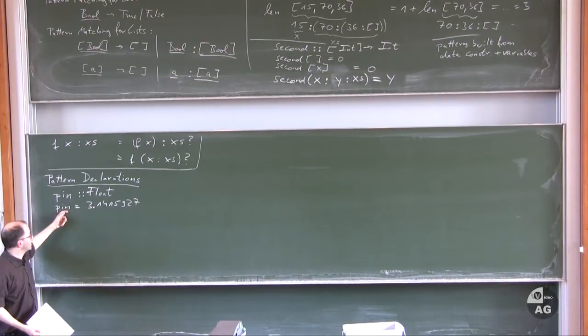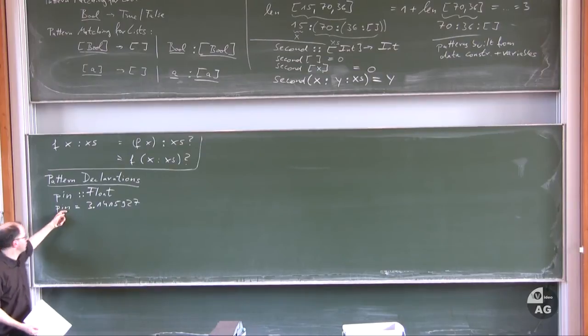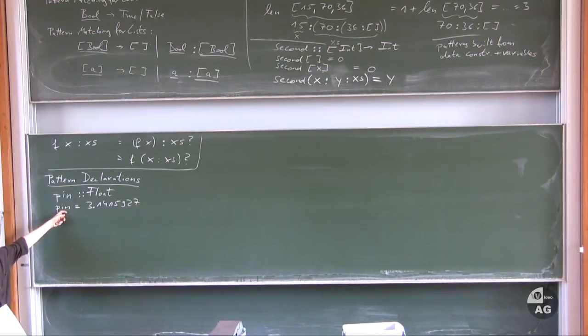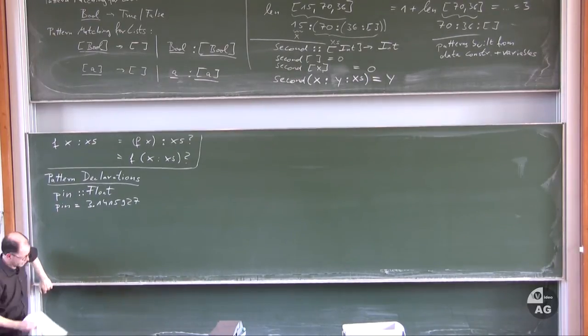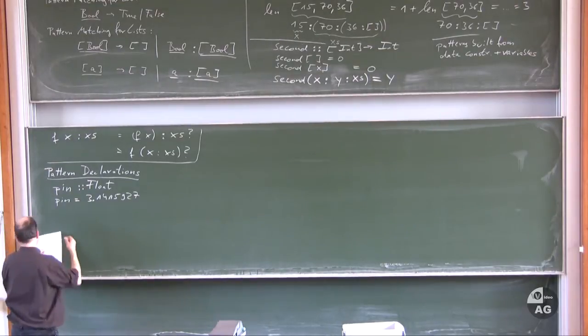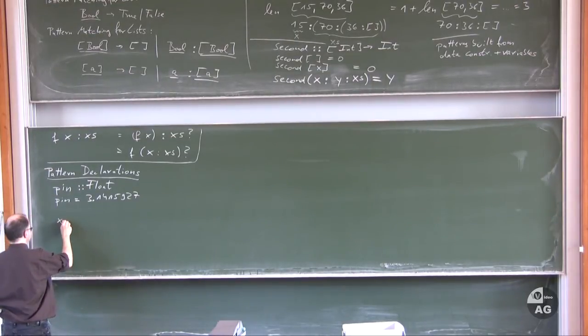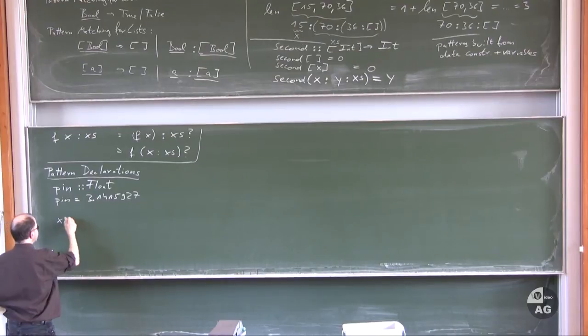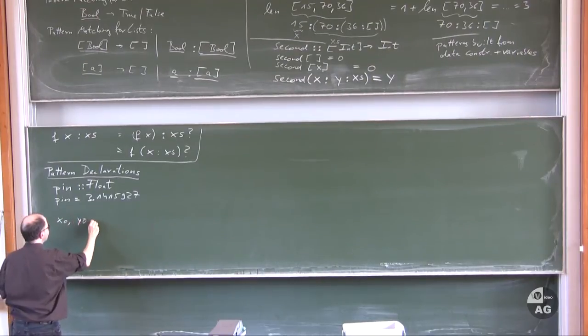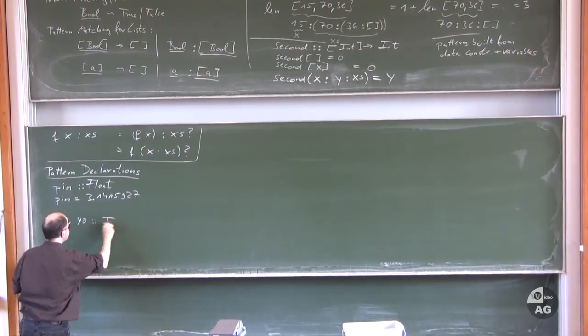So this is the particular form. This in particular is also a pattern because it's a variable. And patterns essentially are terms built from variables and data constructors. So you can write something like this. You can also write something like this. So let's say x0 and y0 are both integers.